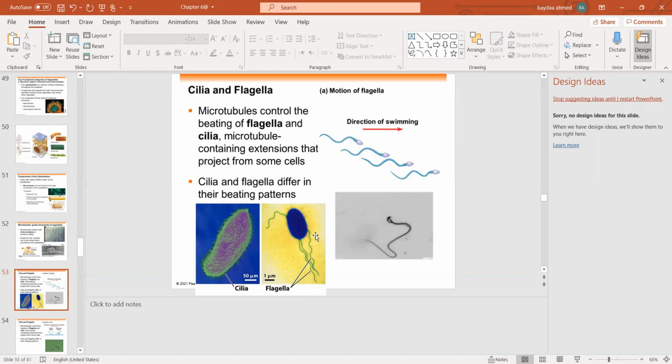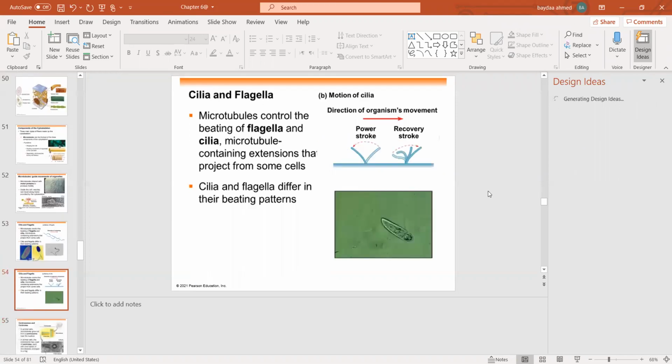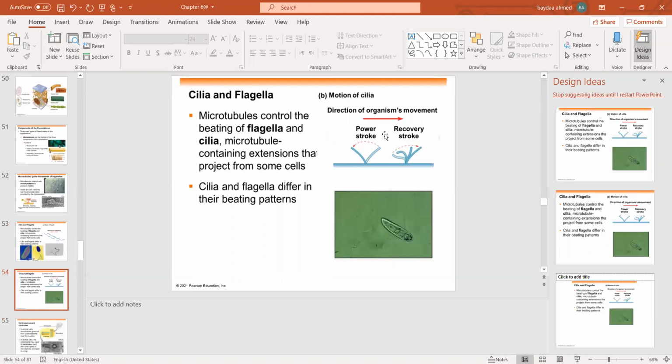A flagellum has an undulating motion like the tail of a fish. In contrast, cilia have alternating power and recovery strokes.